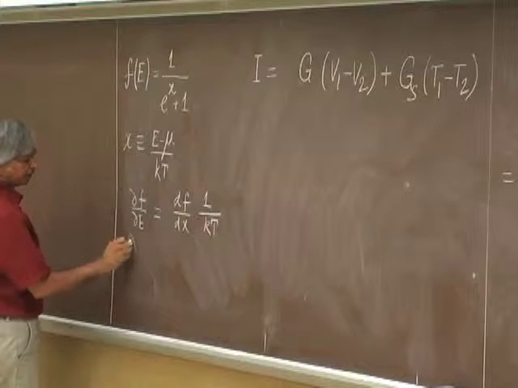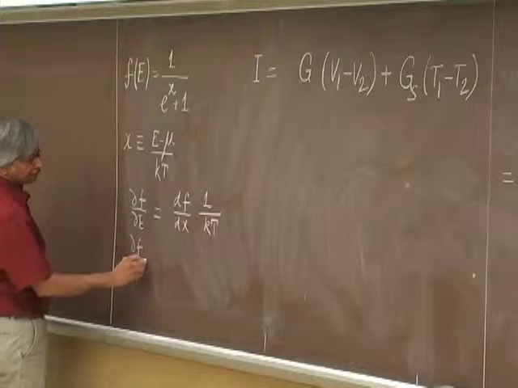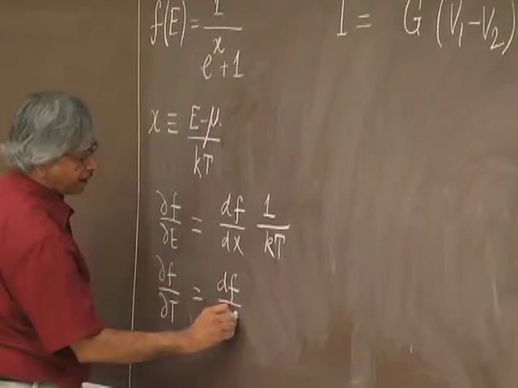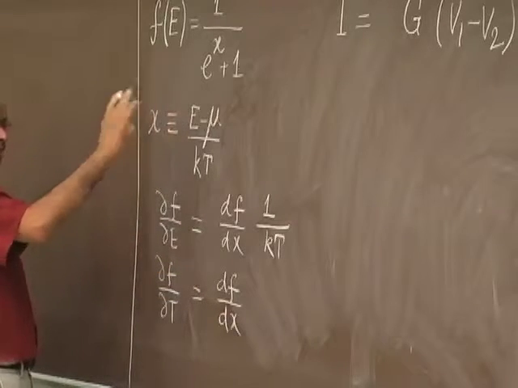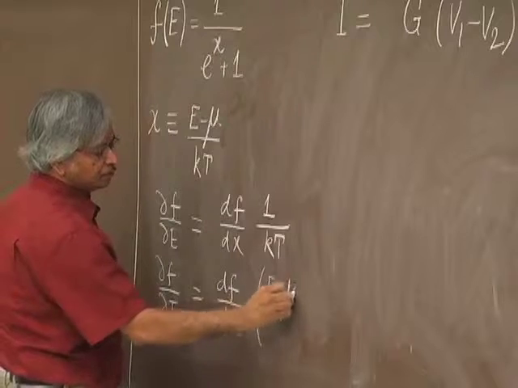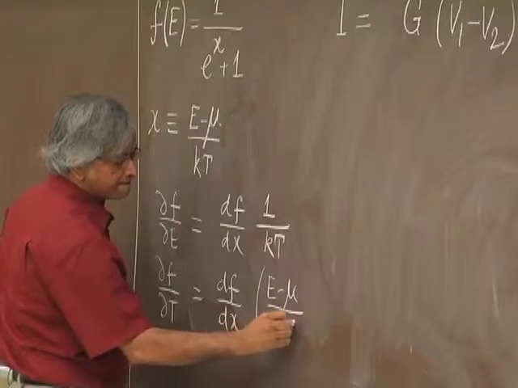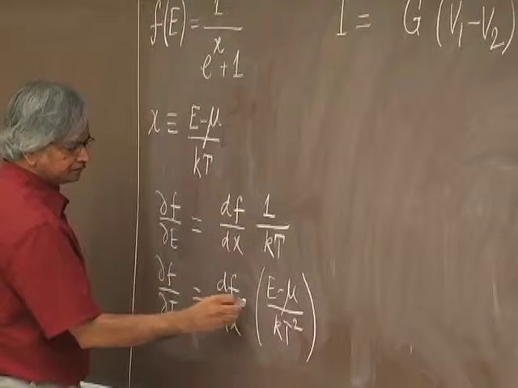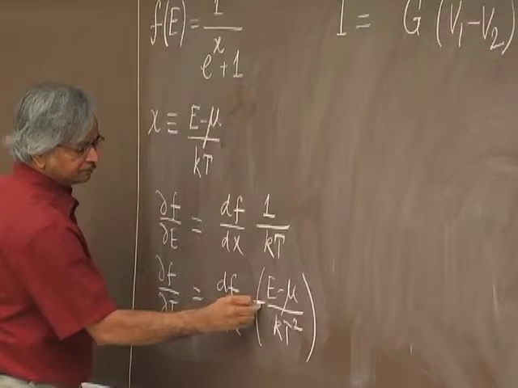Whereas del F del T is dF dx times the derivative of x with respect to T, which is (E minus mu) over kT squared, with a minus sign.